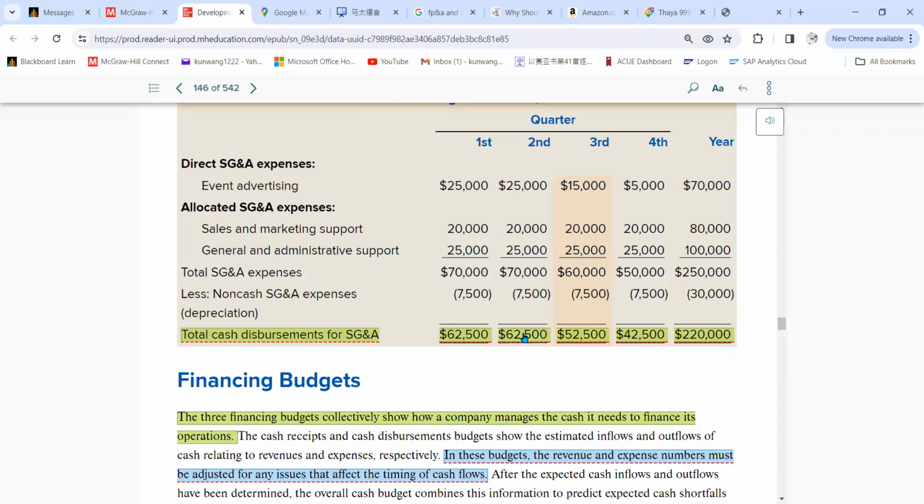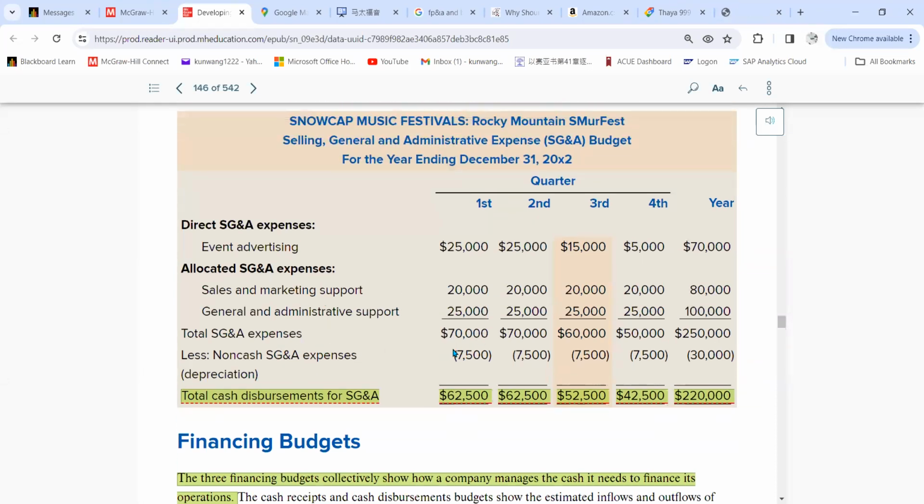And so you end up with another 200 or 220,000 in expenses. Again, here for the SG&A, we especially take out the non-cash SG&A expenses, mostly the depreciation and related.